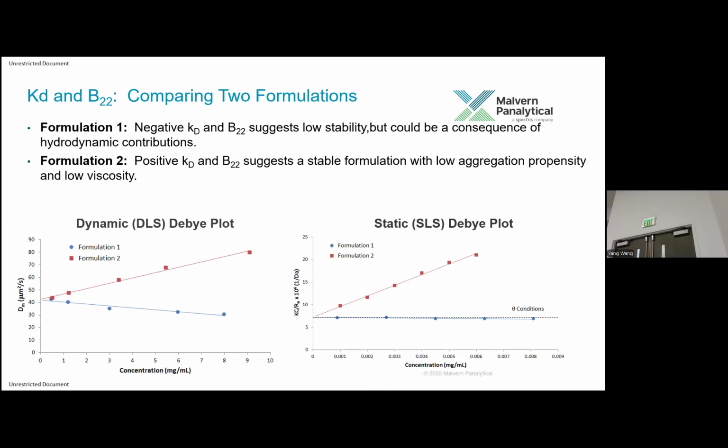So you can use the combination of B22 and KD to look at different formulations. You can see here with formulation 1, we have low stability based on hydrodynamic contributions. A positive KD in formulation 2 indicates a more stable formulation with low aggregation propensity and low viscosity. So there's a lot of information you can get about formulations with the KD and B22.